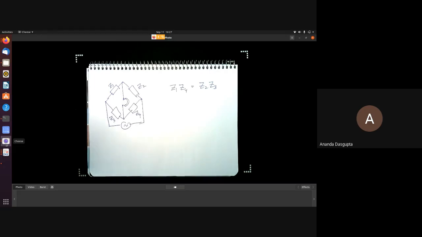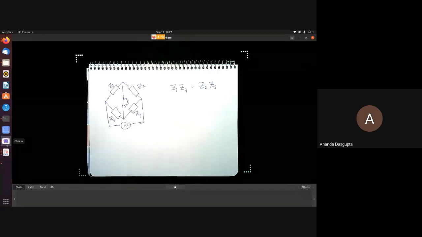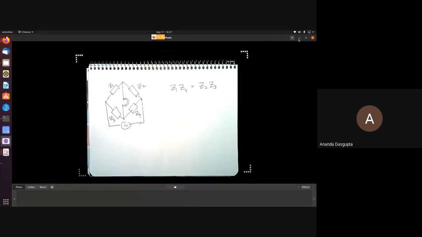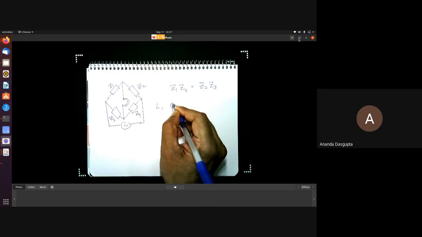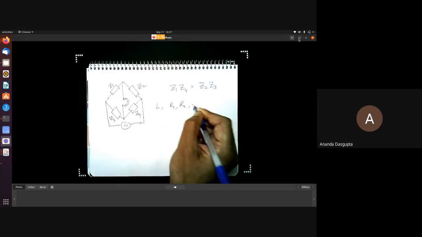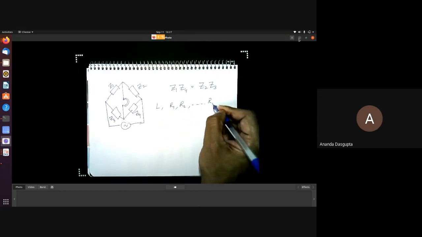But can anybody tell me? Suppose I have a bunch of resistances and a single inductance, and I want to measure the value of the inductance. How would I connect the circuit? By using an AC bridge like this. So what I have is a single inductance and as many resistances as I want.